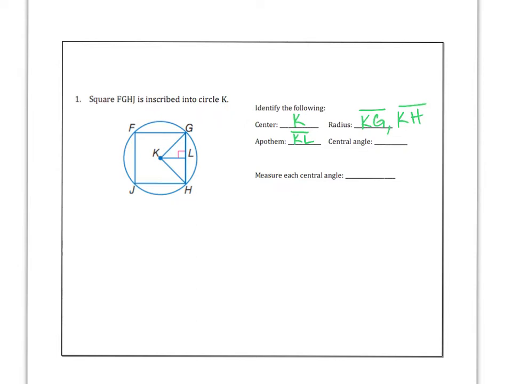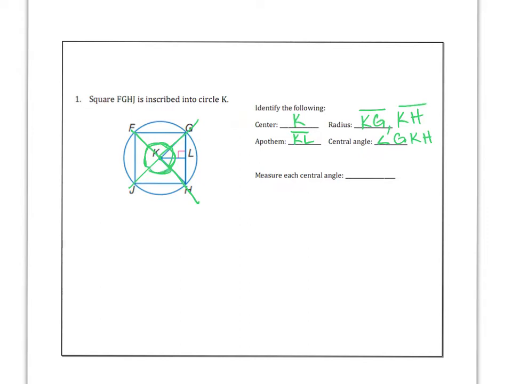And the only central angle that's drawn in here is angle GKH. Angle GKH would be a central angle. It goes through consecutive vertices of the polygon, which in this case is a square. It does say find the measure of each central angle. Well, think about all the central angles that we can draw in. Here's one, here's one, here's one, here's one.